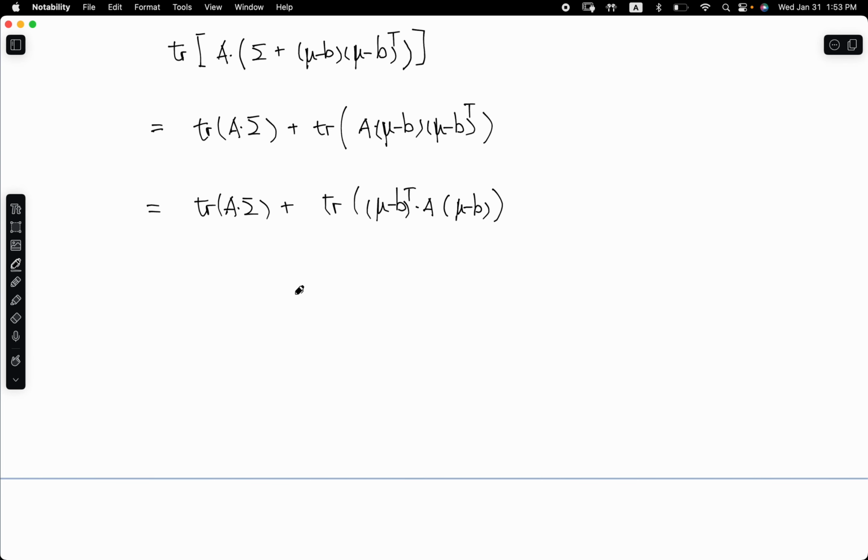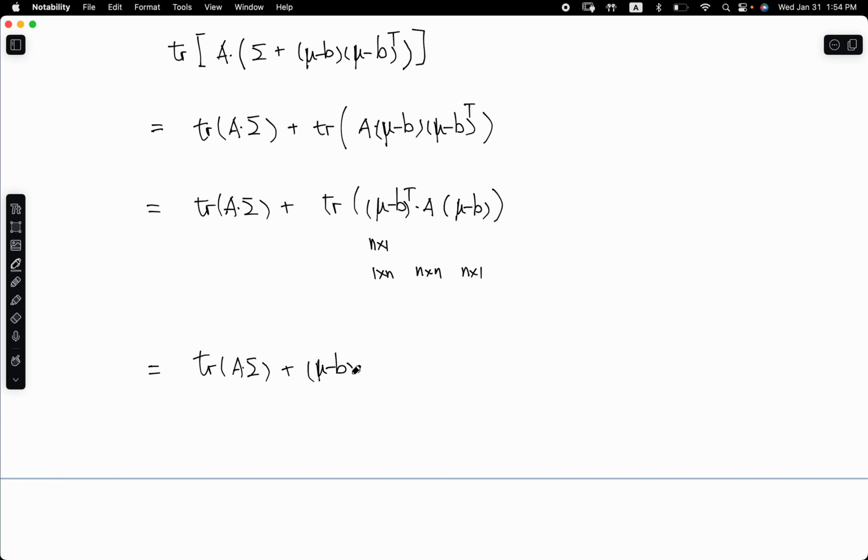And let's see, yeah, so I think this is equivalent to the problem statement we want to show. So this is an n by 1. After transpose, it will be 1 by n. We have an n by n. This is an n by 1. So in the end, we will have trace of A sigma plus trace of a constant. So it's just a constant.